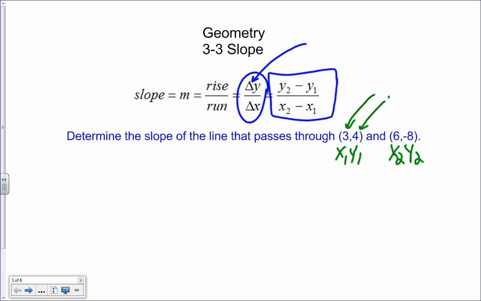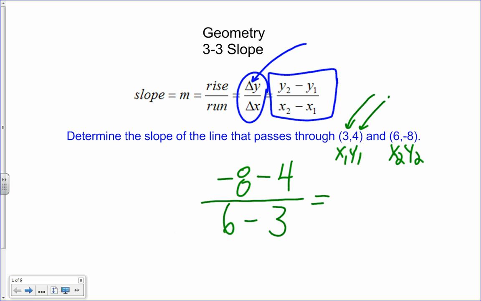If I follow this formula then, it says y2, which is negative 8, minus y1, which is 4, divided by x2, which is 6, minus x1, which is 3. What does order of operations tell me to do first here? How come it tells me to do the numerator and the denominator first?